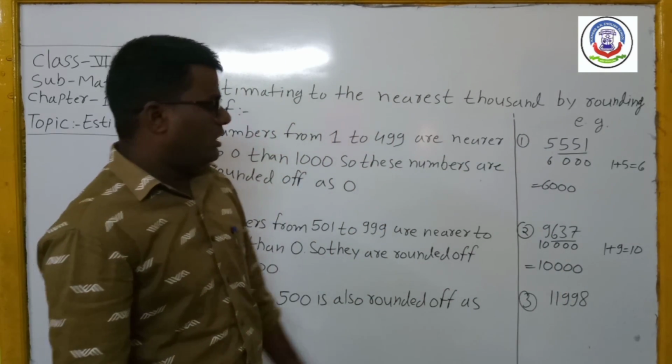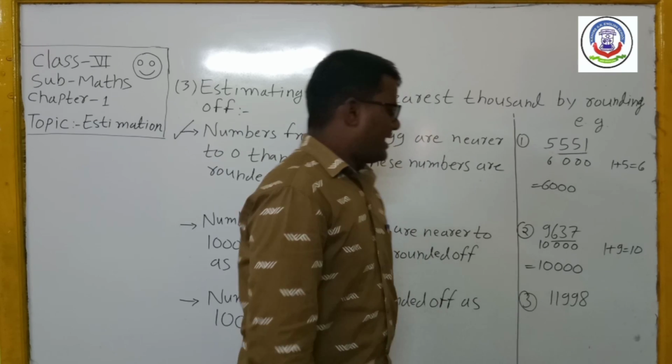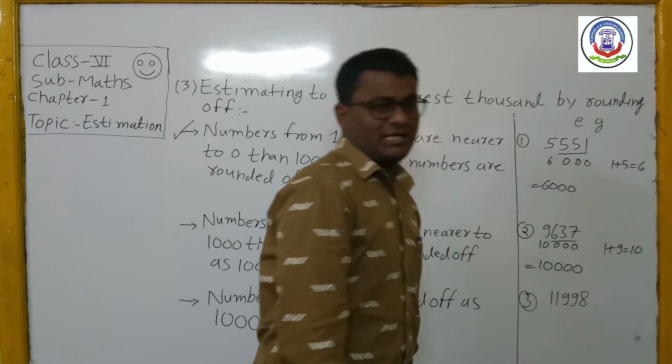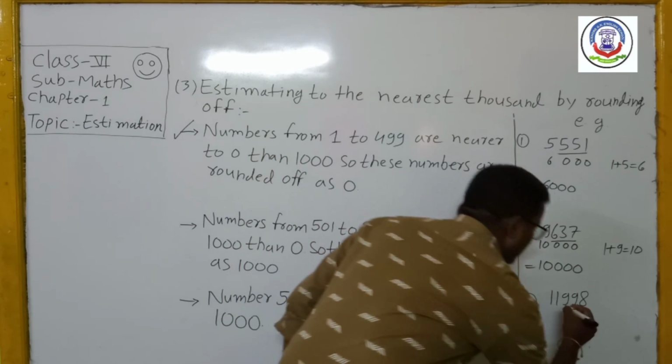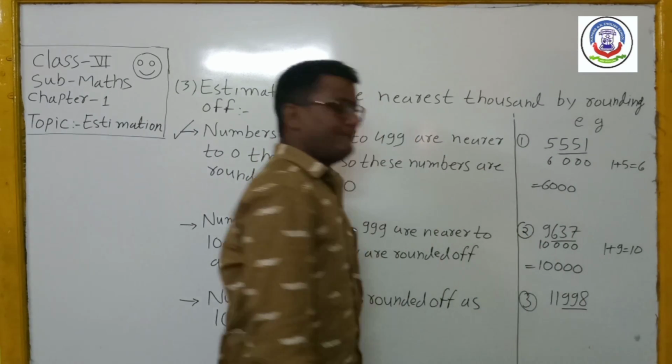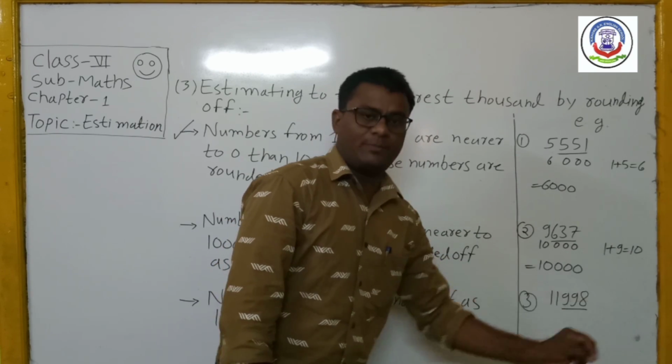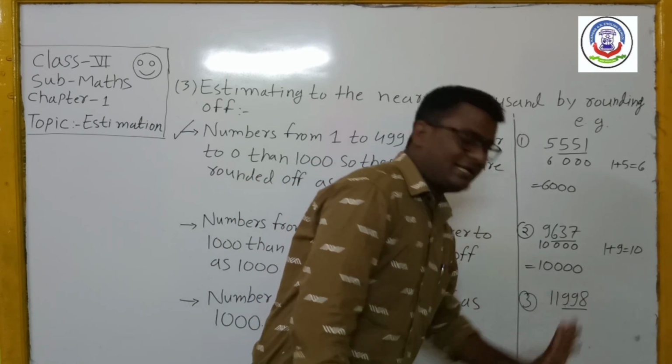Now let's move to another example. Here 11,998 is given. Okay. First of all, underline the ones, tens and hundreds place digit. So the number formed is 998.